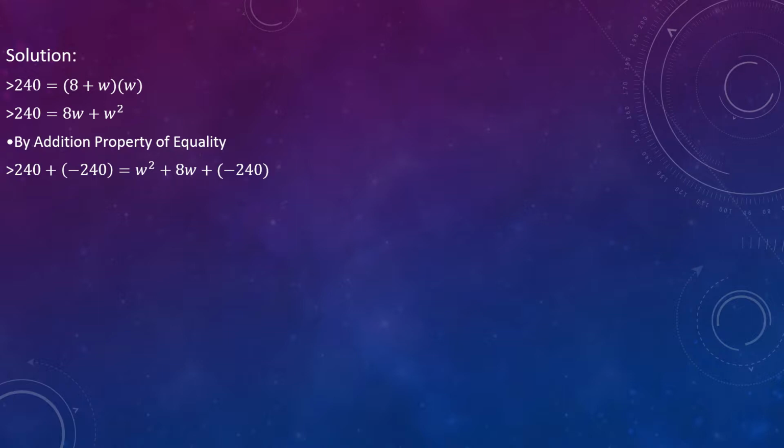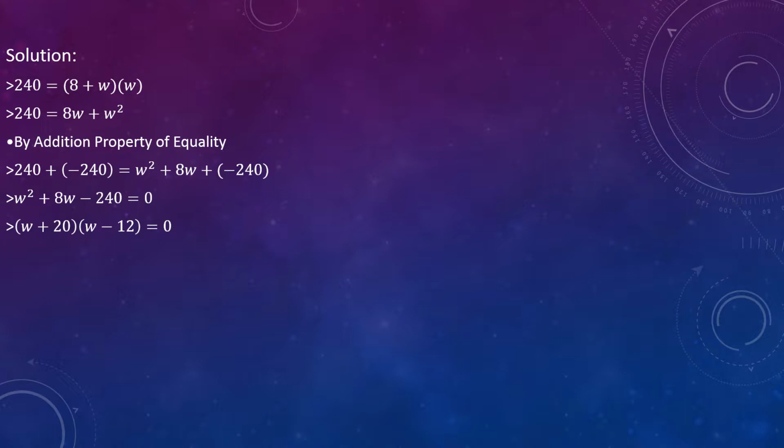If you are adding a number on the left side, you will also add the number on the right side. That's what addition property of equality is. Now we have W squared plus 8W minus 240 equals 0, because 240 added to its additive inverse, negative 240, is simply 0.